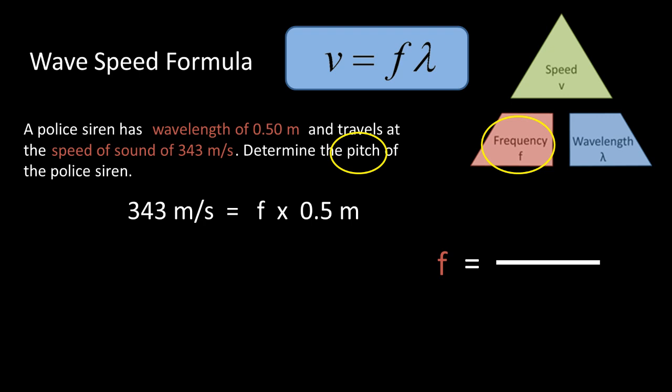So we're going to put the speed of 343 over the wavelength of 0.5. And so we get our formula of frequency equals speed over wavelength, 343 divided by 0.5. And grabbing a calculator, we end up with a frequency of 686 waves per second, and another unit for that is the hertz. So frequency is 686 hertz.